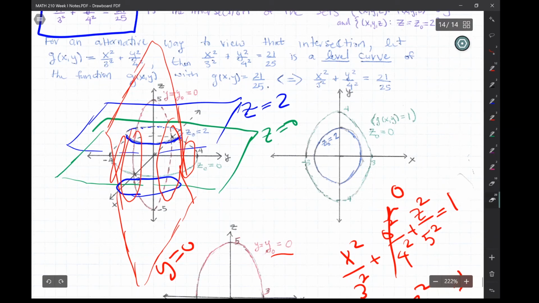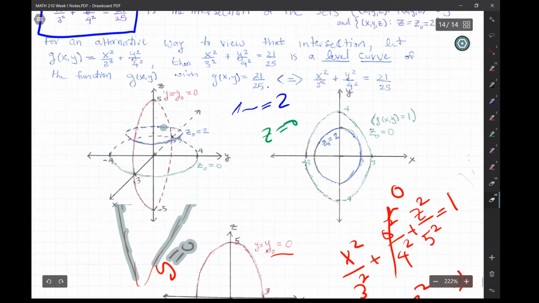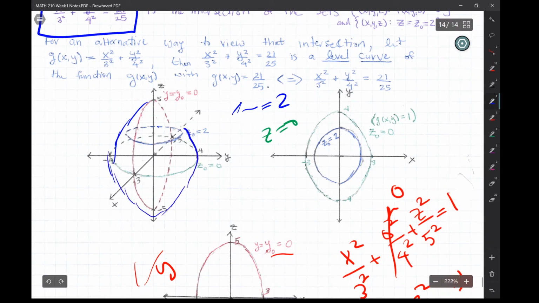It's a 3D ellipse basically. If we erase all of this, and you kept filling them in, and then the last part is to connect all of these different traces together, you'll see that you have this, for lack of a better word, egg. It looks like an egg. It's an ellipsoid.